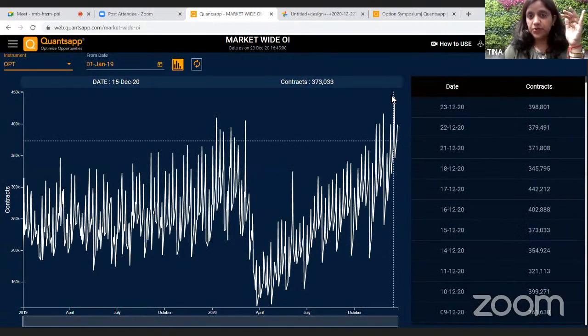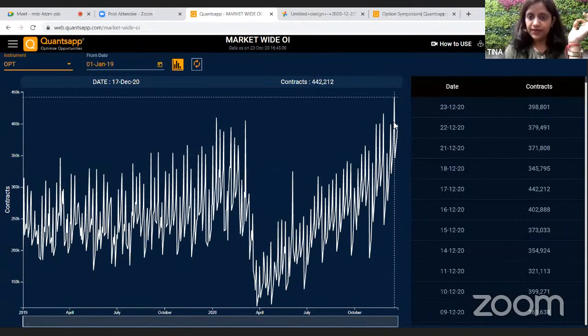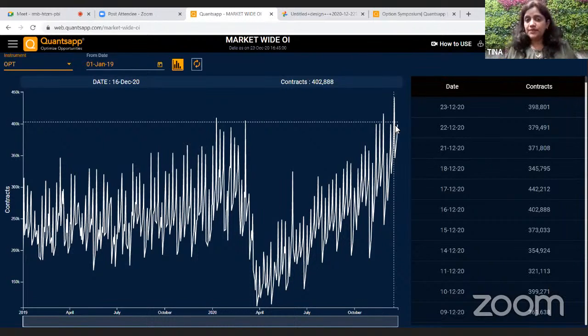Options, in fact, made a new high, right? A lot of participation has come up. We need to digest that and look out. So market-wide OI helps you know the total contracts outstanding in the market. Keep it at the back of your mind when you're taking large positions: how heated we are.